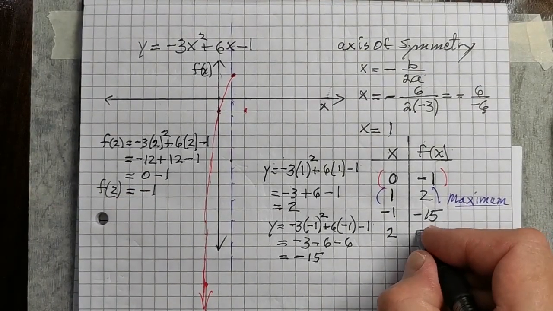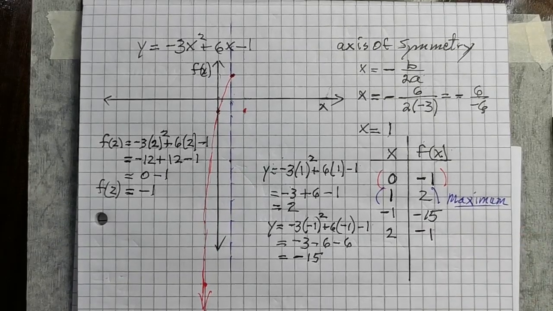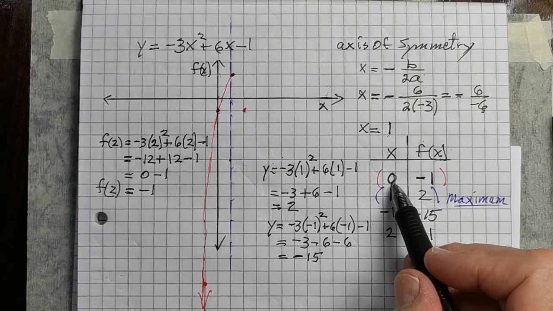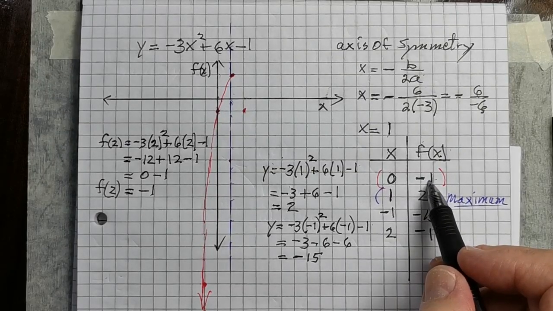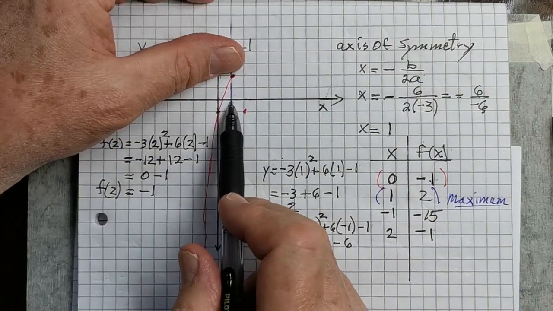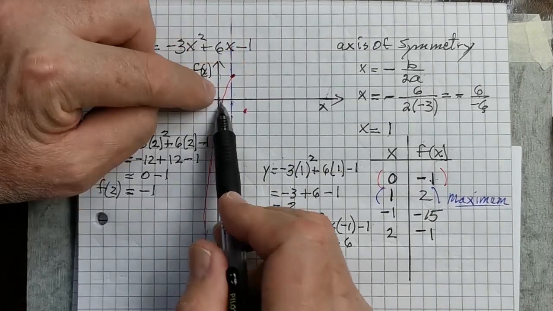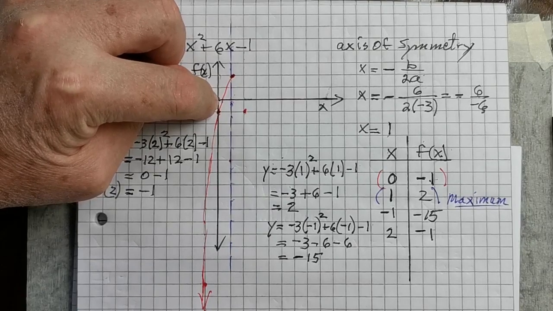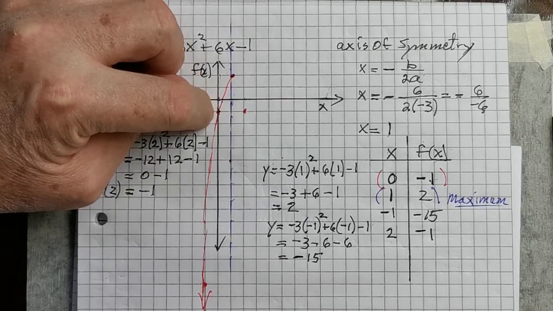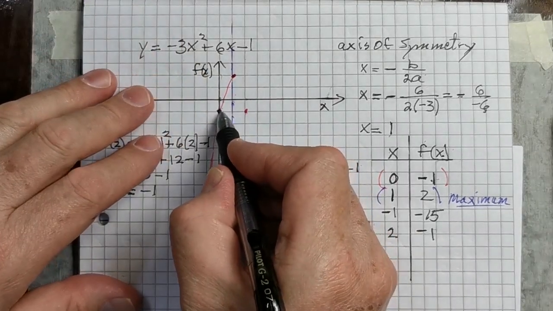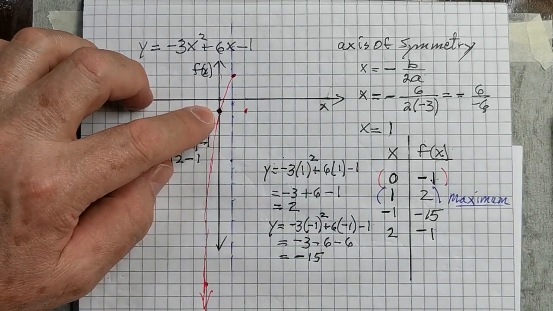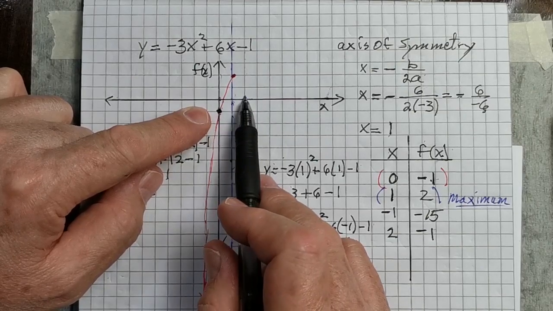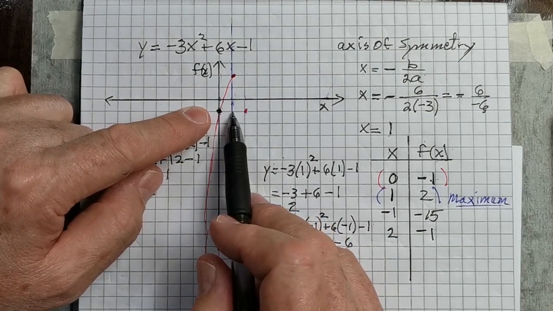So when we put in 2, we get negative 1. Interesting, huh? Notice when we had 0, we had negative 1. And 0 was how far to the left of the axis of symmetry? When x equals 0, we are 1 unit to the left of the axis of symmetry. And the value was right here, negative 1. When we go 1 unit to the right of the axis of symmetry, we should have the very same value.